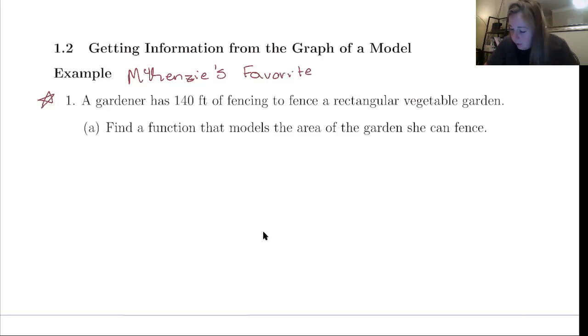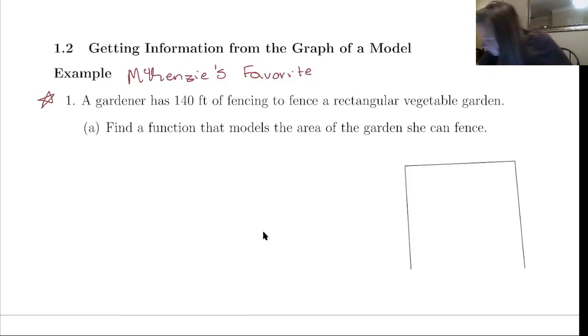So if a gardener has 140 feet of fencing to fence in a rectangular vegetable garden, okay, so my artistic skills get in. So our vegetable garden, act like that's a rectangle. I tried to have an herb garden and it didn't work.